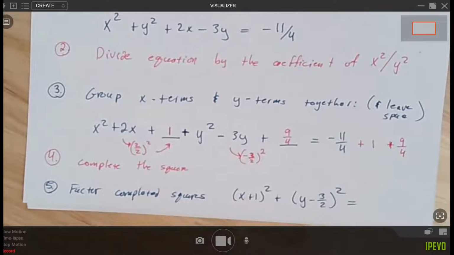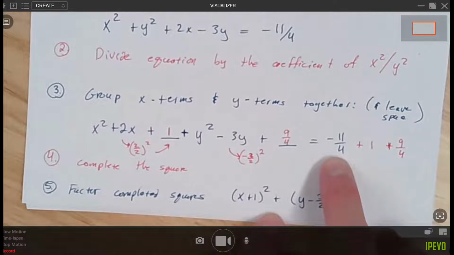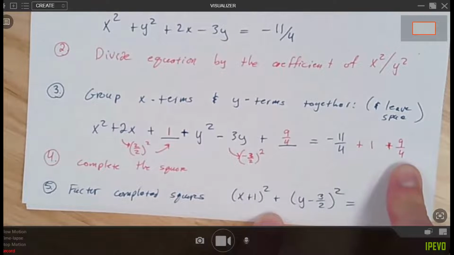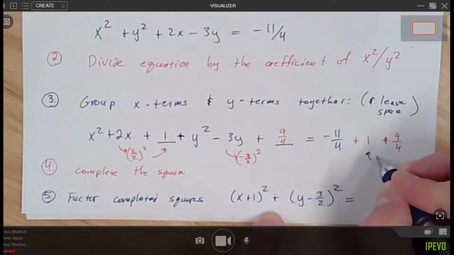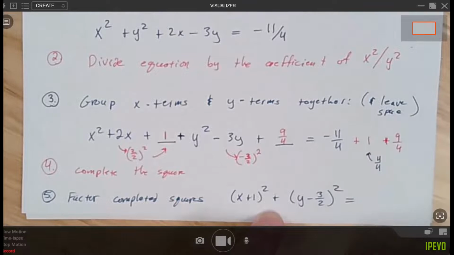And on the right-hand side, we get a -11/4 plus a 9/4 is going to give me a -2/4. And then plus 1, well, 1 is 4/4. 2/4 plus 4/4 is 6/4, which reduces to 3/2.